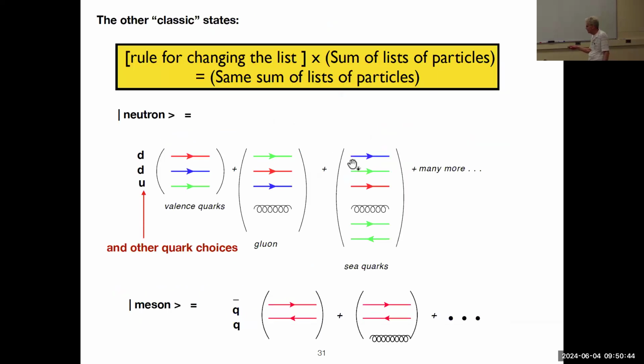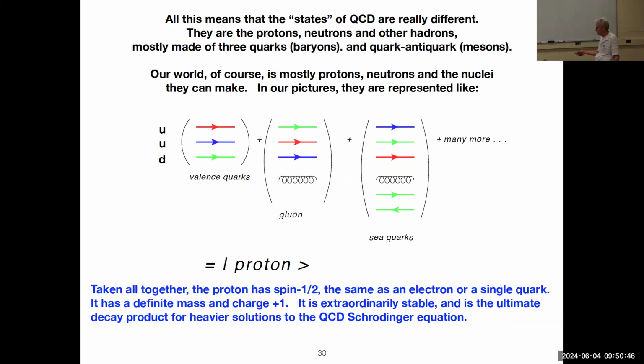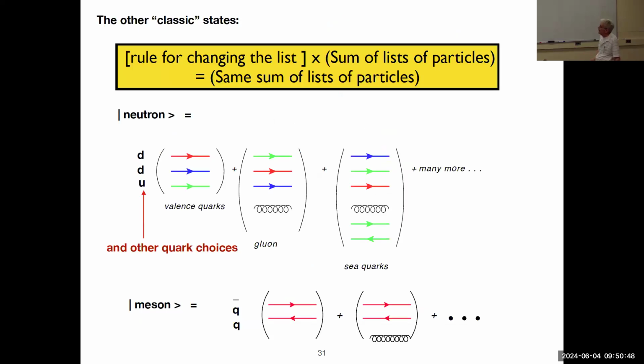Yeah, okay, so here's some statements about the proton, which we already knew about. Again, other classic states are all subject to this rule for changing the list, the sum of particles. So we can have the neutron, two downs and an up quark, and then it also has pairs and plenty of gluons, muons also in this selection of states.